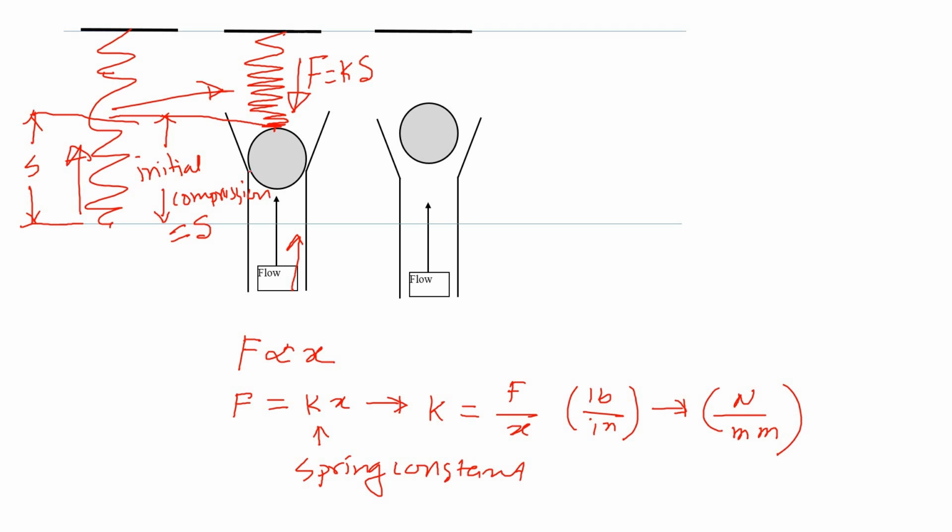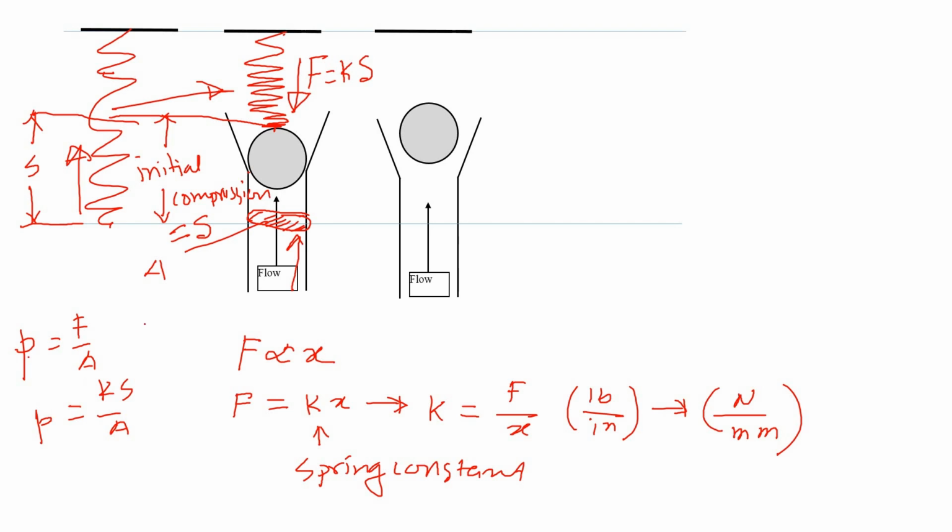Now, if we know the cross-section area of the pipe, which is blocked by this ball, let's say that is A. So we can calculate the pressure here. If the force applied is F, the pressure would then be F by area, or you can say Ks by A, the pressure.